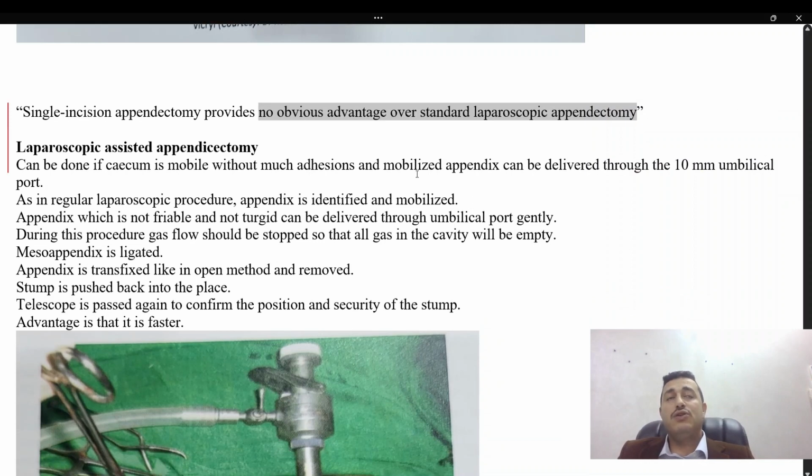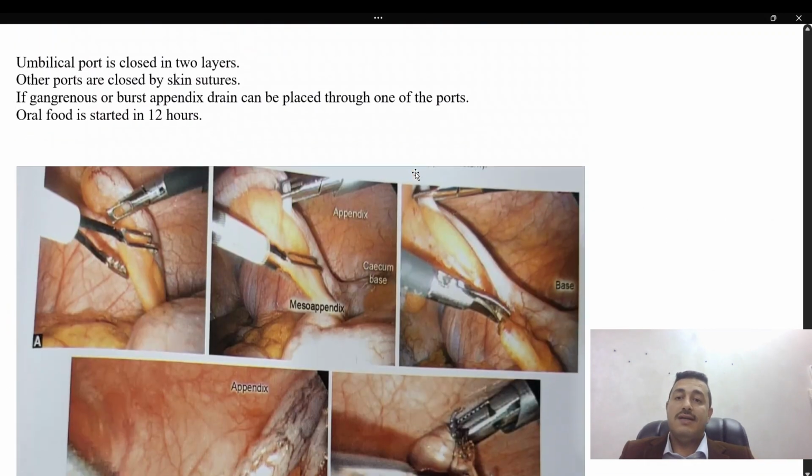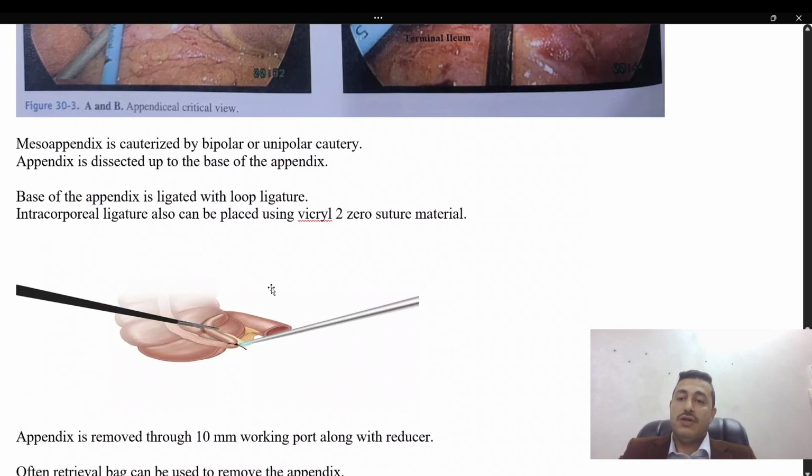Laparoscopic assisted appendectomy is when we use a hybrid procedure. We use the laparoscope, but we remove the appendix differently. Here we did intracorporeal resection or ligation, inside the abdomen.